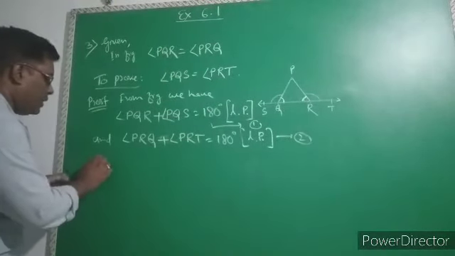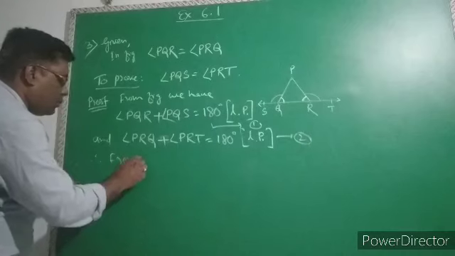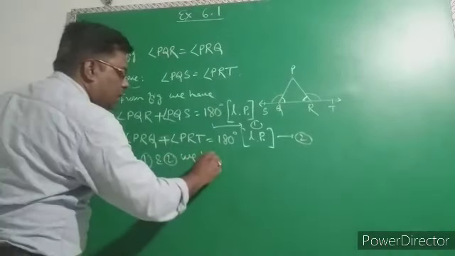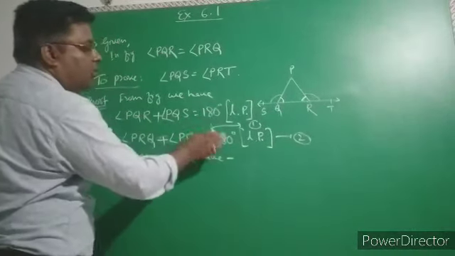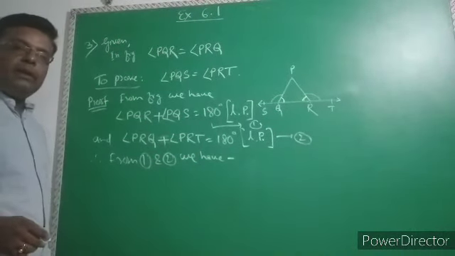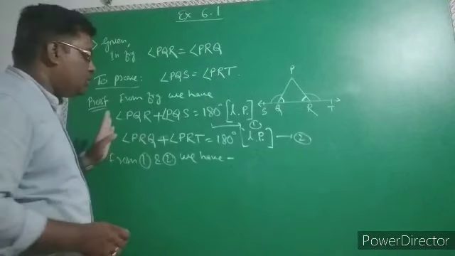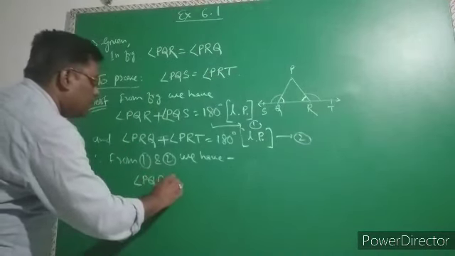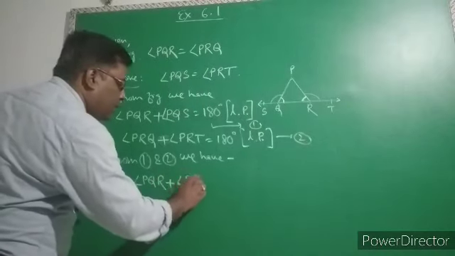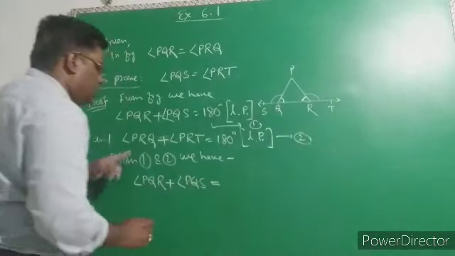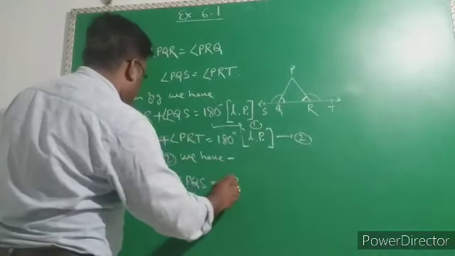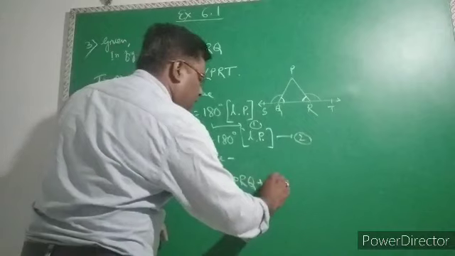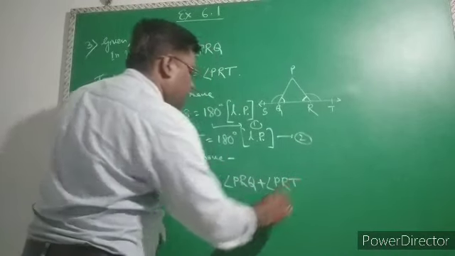Therefore, from 1 and 2 we have, see, in equation number 1 and 2 both right hand sides are equal. That means left hand sides are also equal. So you can write angle PQR plus angle PQS is equal to angle PRQ plus angle PRT.